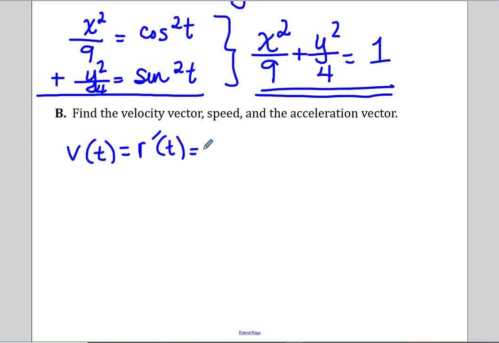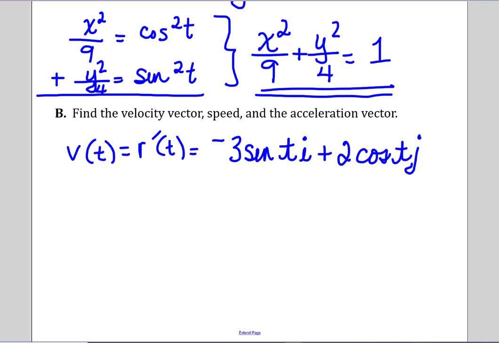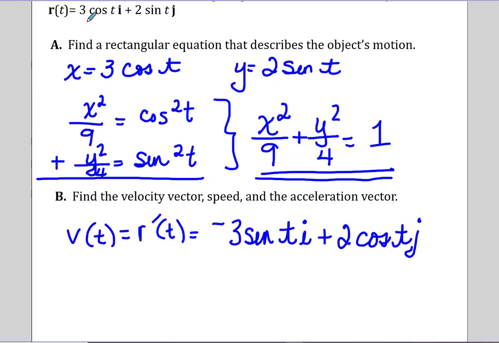And using our original, that would be negative 3 sine t in the horizontal component and 2 cosine t in the vertical component. So I'm just taking the derivative of each of our pieces up here, -3 sine and 2 cosine.